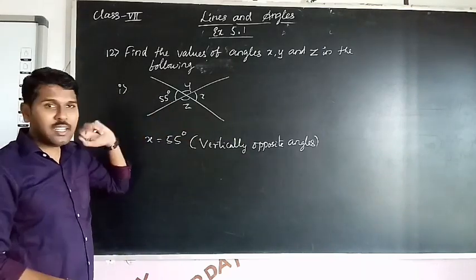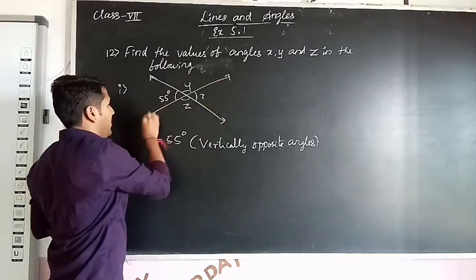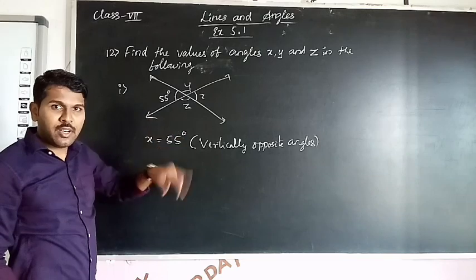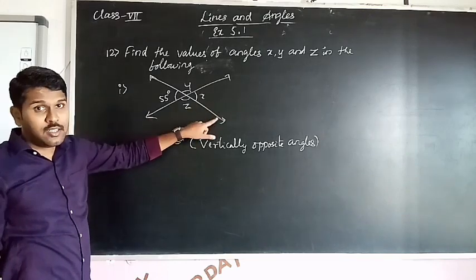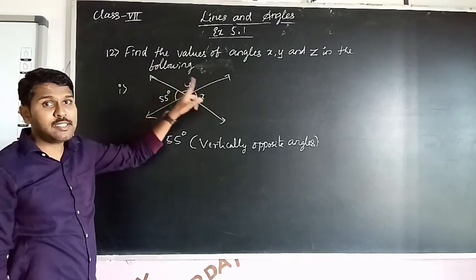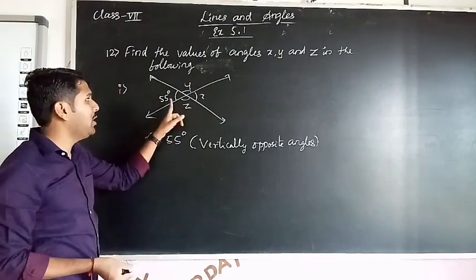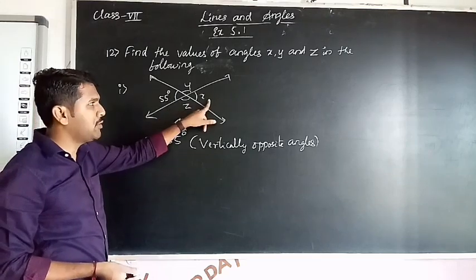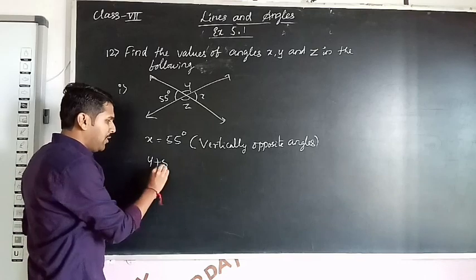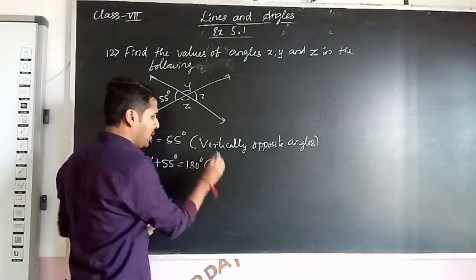Next, these two are lines, so this is one straight line. Straight line means linear pair, so the sum of the two angles must be 180 degrees. You already got 55 degrees, and this is also 55. So 55 plus y equals 180 degrees.